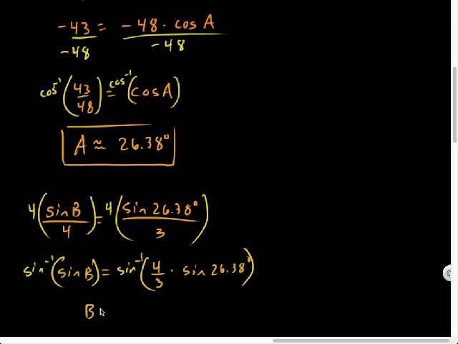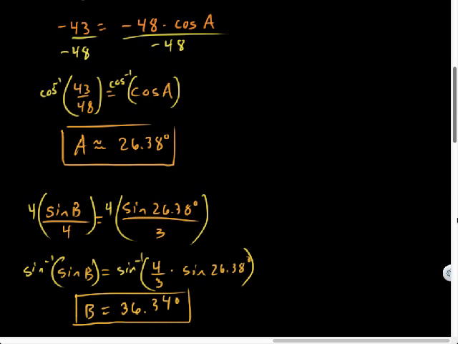So I'll get angle B is equal to sine inverse of 4 divided by 3 multiplied by the sine of the second answer. I'm using sines now, not cosines, just pointing out. And I get 36.34 degrees.